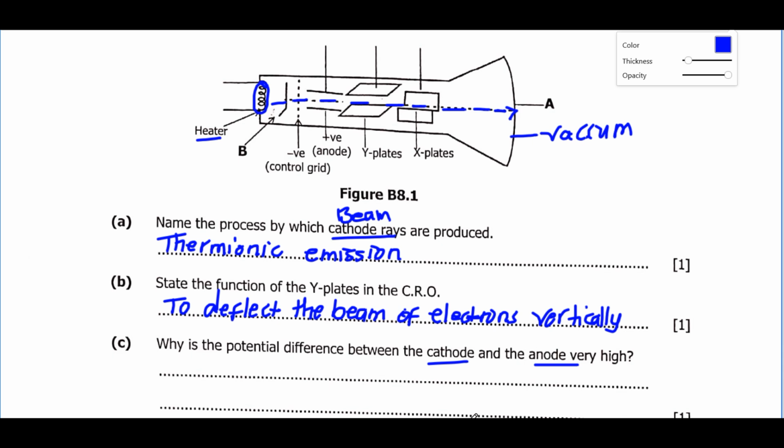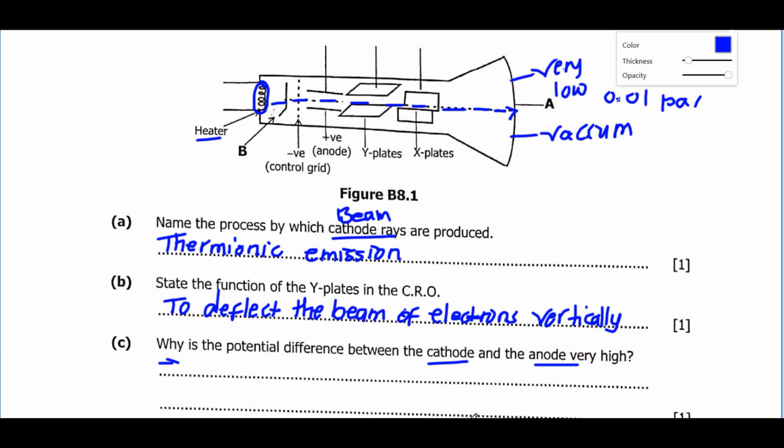So this difference in voltage helps to make sure that the pressure inside the CRO is very low. Remember, it is very low, about 0.01 Pascal compared to the normal pressure, which is the ATM.